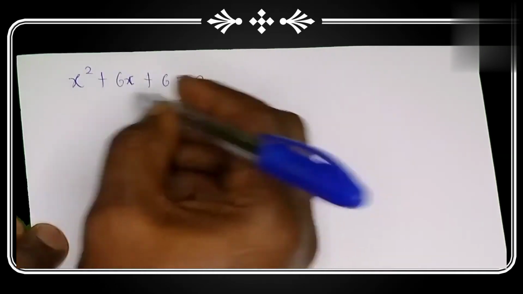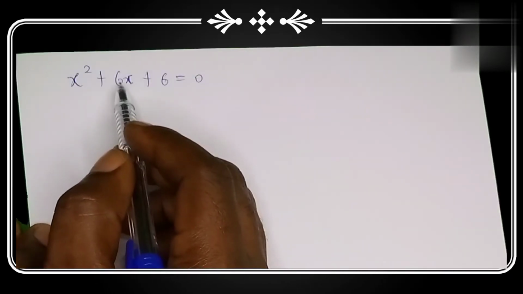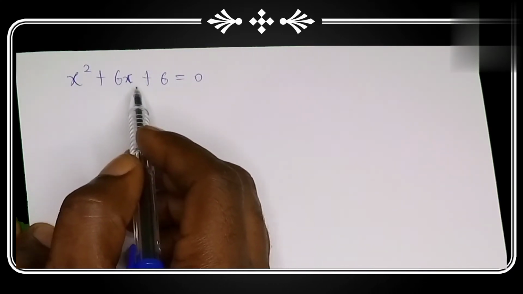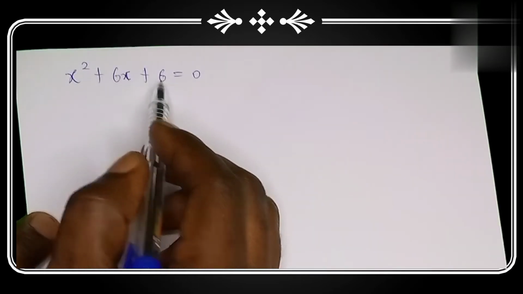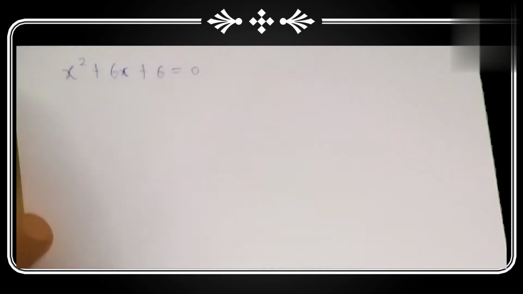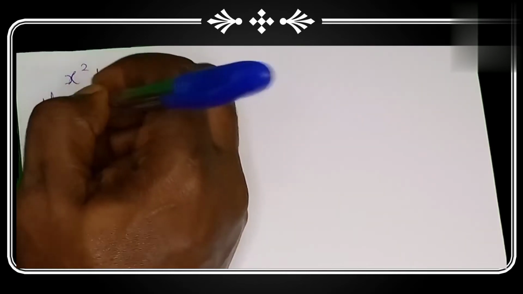It may not be easy to find the solution by factorization, because I don't see anything except a fraction that I can multiply together to find 6 and also add together to get 6. So by this, I say we try the completing the square method.